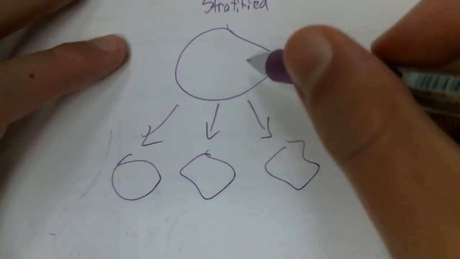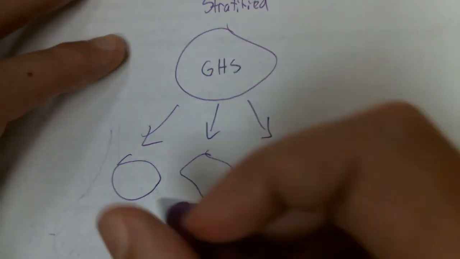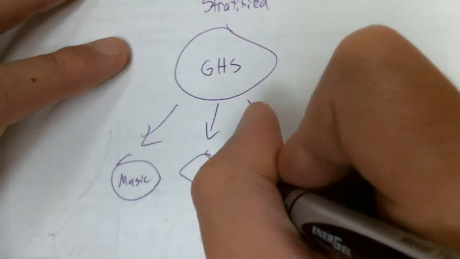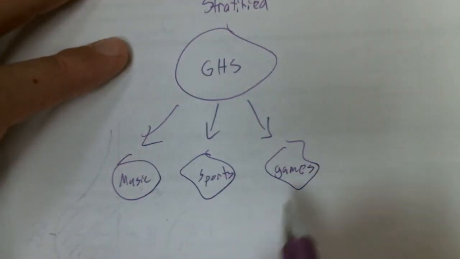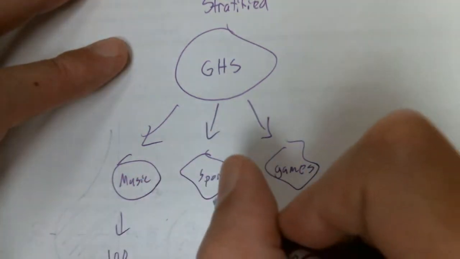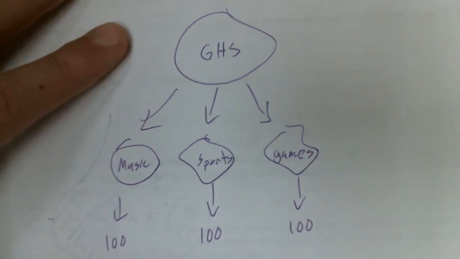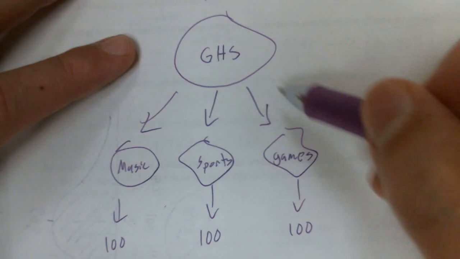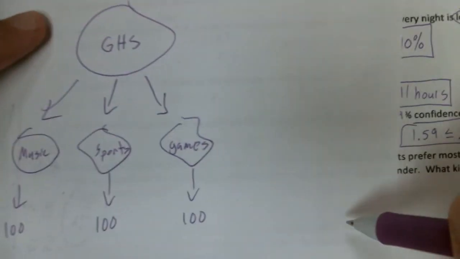So maybe we take Greenbrier High School students and separate them by favorite hobby: music, sports, computers, games, something like that. And then from those groups, I'm only going to poll 100 students. That is stratified. You've got a large group, you break it into smaller groups based on some specific characteristic, and you only poll some of the group.